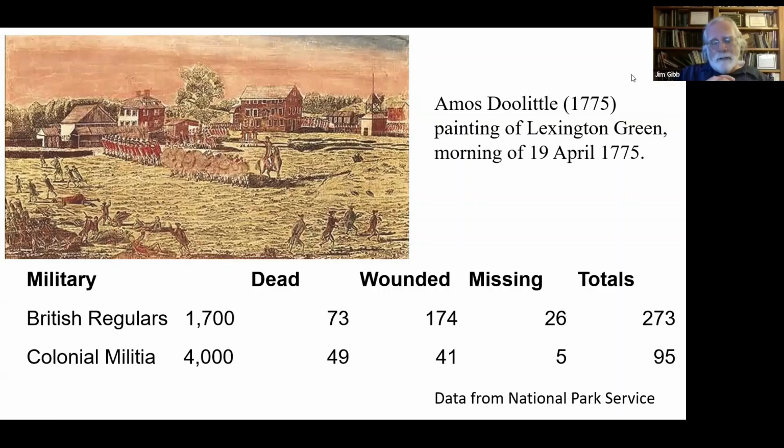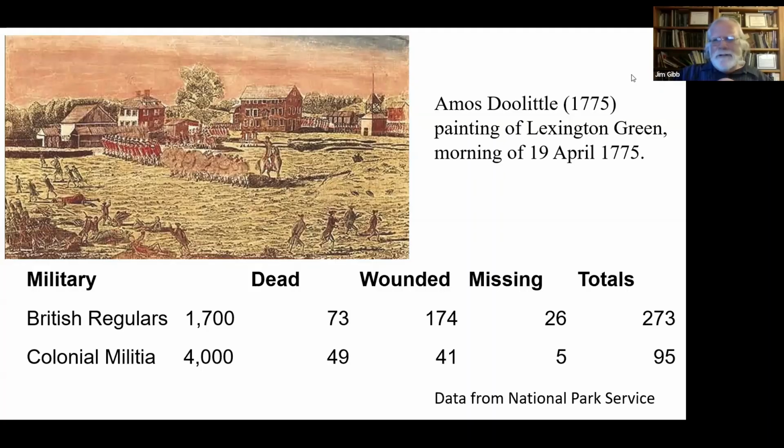So it was sort of a running gunfight. And the numbers we got from the Park Service are 73 British regulars dead, 49 militia dead, 174 British regulars wounded, 41 militia. Missing, I don't quite get, 26 British regulars, 5 colonial militia.